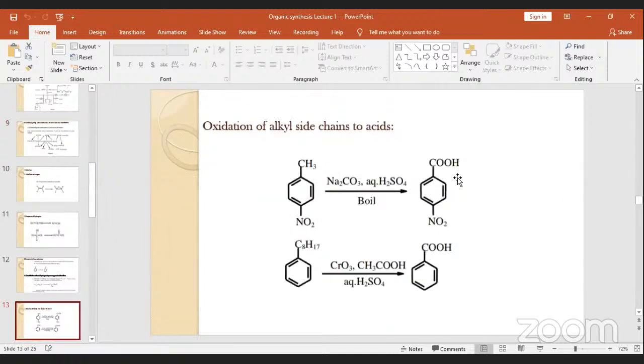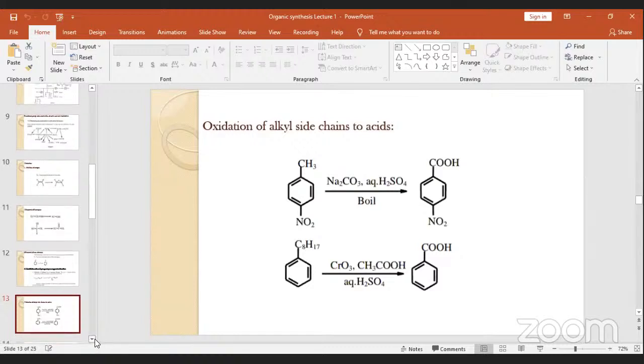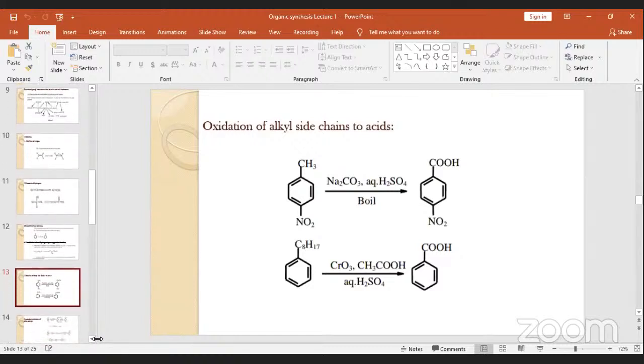That is the importance of this side chain oxidation reaction, because alkylbenzenes are easily available, and they can be substituted by electrophilic substitution with a variety of functional groups, and once substituted, the alkyl side chains can be converted to the corresponding carboxylic acids. So oxidation of alkyl side chains will give you acids, which again can give you a variety of other products.